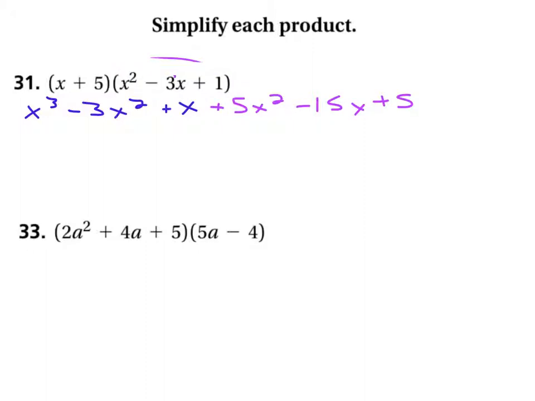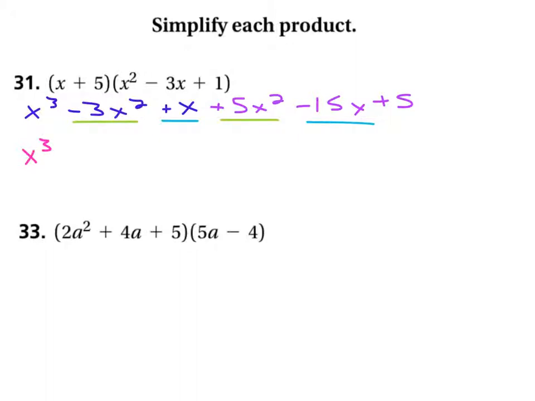If we look at it, you can see that we've got x squared terms here and here, and we've also got x terms here and here. So if we put this all together, the only x cubed term is the one in front, x cubed.